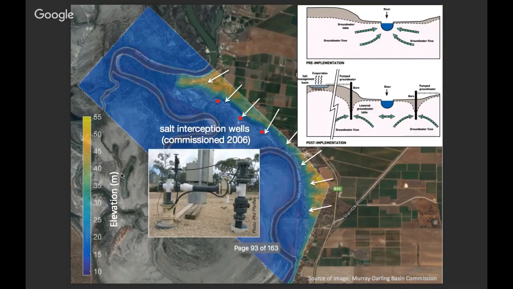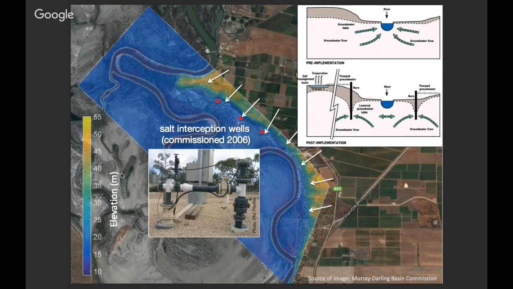So what they wanted to do was, first of all, two things. They wanted to use this as a test site to monitor things as a function of time. And they also wanted to see if they could ameliorate the situation. They were going to pump some of the potentially saline water out, put it up into the upper region into a holding pond, and let it evaporate and capture the salts.